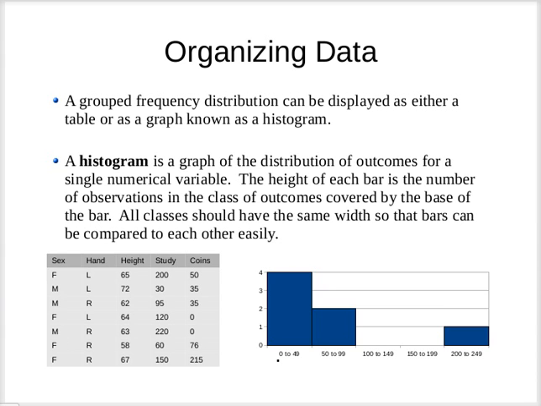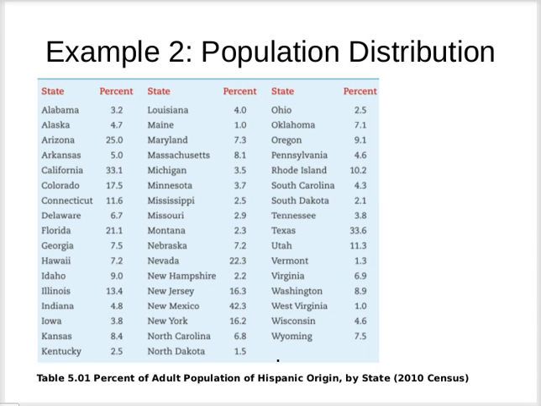Let's go ahead and see another example of making a histogram. In this example, I'm looking at a table that gives the percent of the adult population of each state of Hispanic origin, and this data comes from the 2010 census. So first question is, who are the individuals?